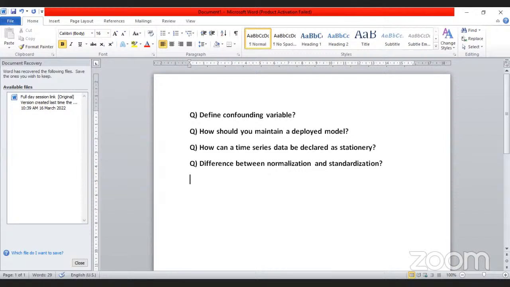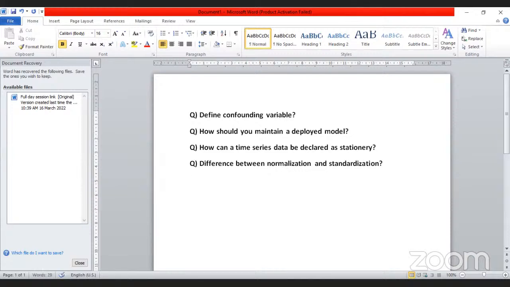Firstly, both normalization and standardization are scaling techniques. Both are used to make our data scale free. We will go first for standardization.